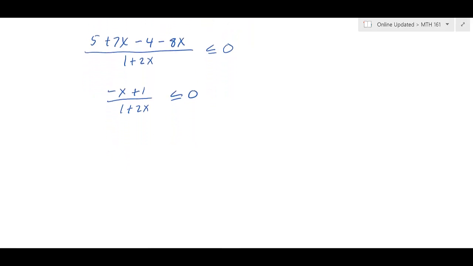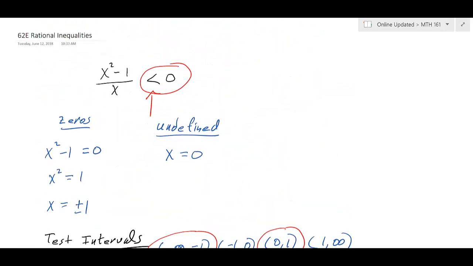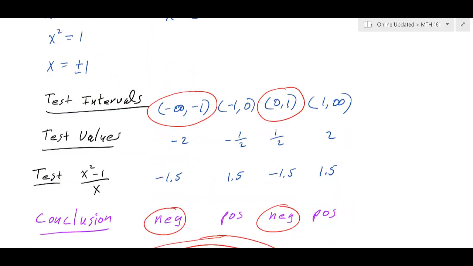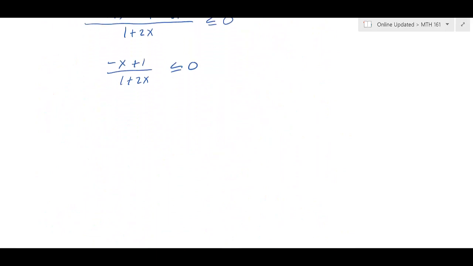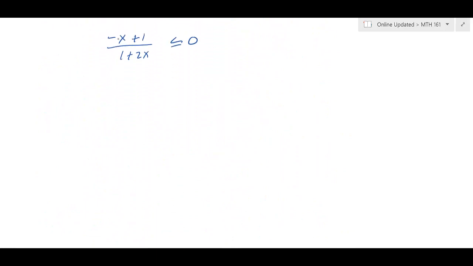Now, this is very similar to the first example we looked at. If we go back up to that first example, we had our rational expression compared to 0, and that's what we have now. We've solved this so that we simply have this rational expression less than or equal to 0. So that means we now need to find the zeros, which means we're going to take the numerator, which is negative x plus 1, and set that equal to 0.